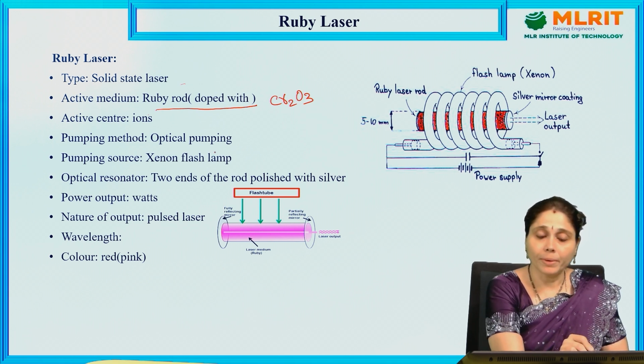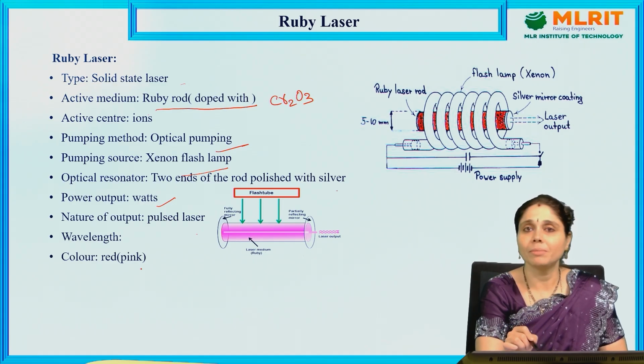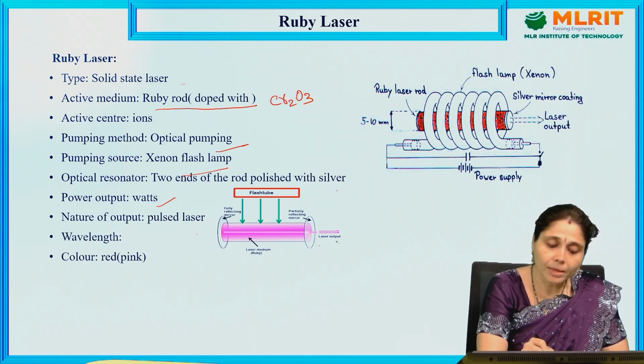Pumping method, optical pumping. Source is xenon flash lamp. Optical resonator, 2 ends of the rod will be polished with silver. Power output in watts. Nature of output, pulsed laser. Okay, and the color is pink color. See here, a beautiful pink color light will be coming out of this ruby rod.